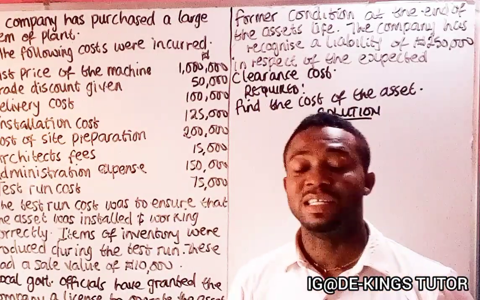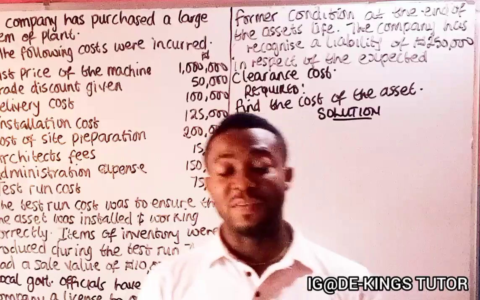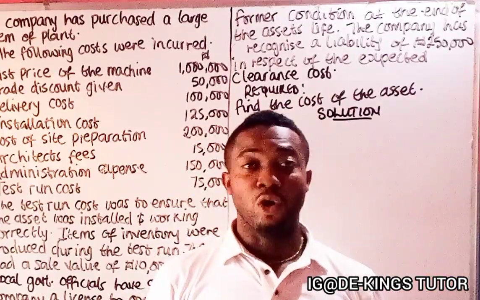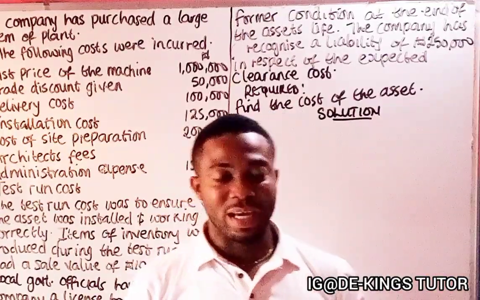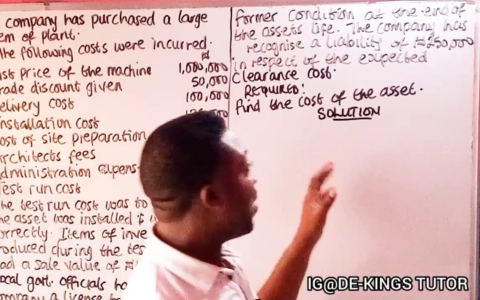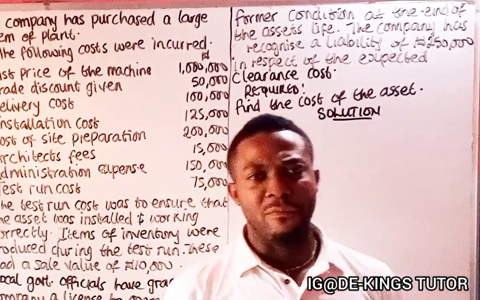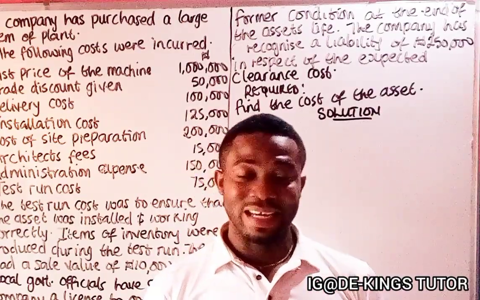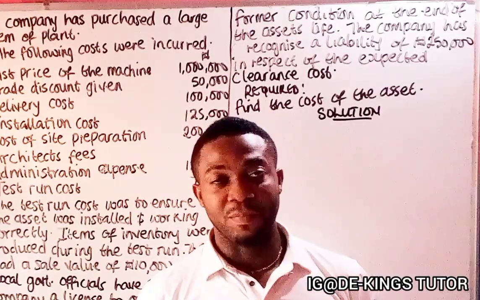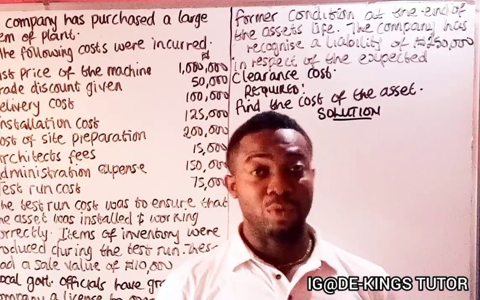Now, remember in the video we did previously, please, if you have not watched that video, I'll drop it up here or in my description. Okay, so you check it out. We gave a list of items that become elements of the cost. Now, it was said that the cost of an asset of PPE does not only include the purchase price, okay?